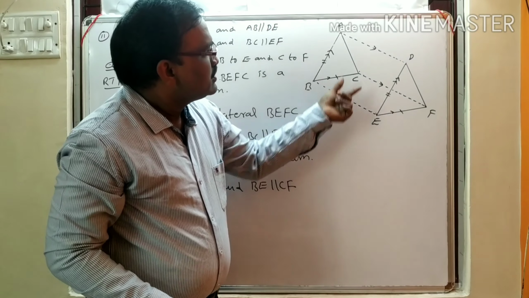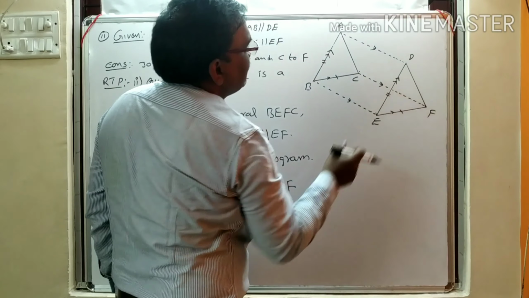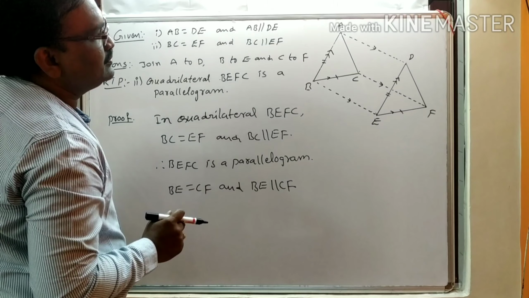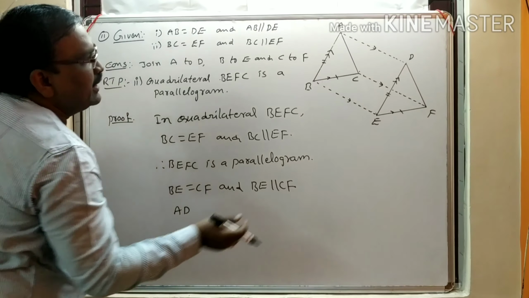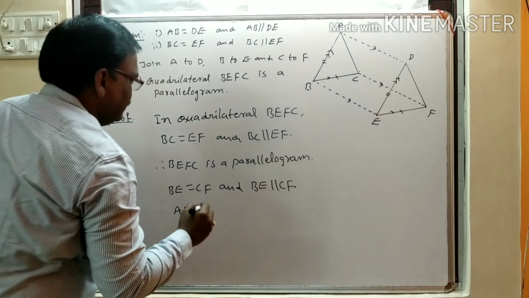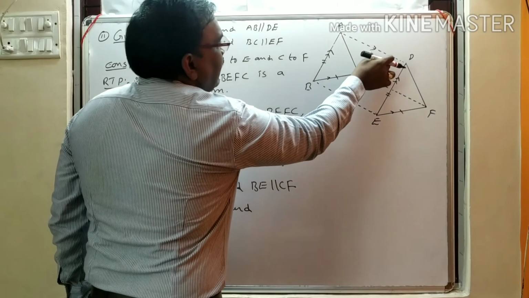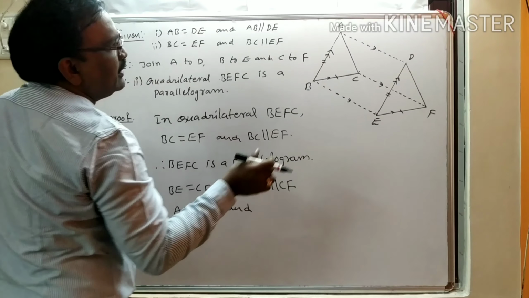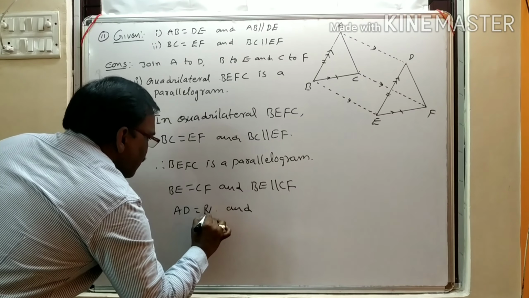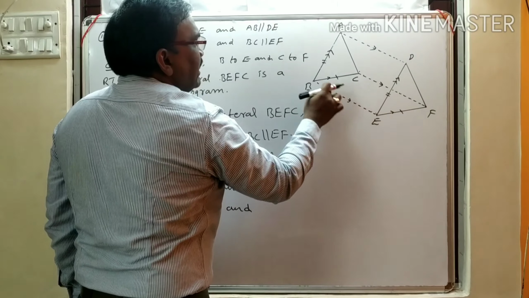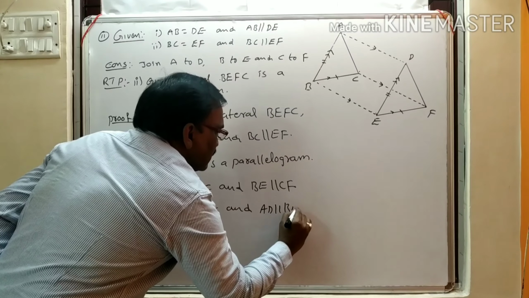So AD is equal to CF and AD is equal to BE, sorry, this is equal to this, and AD parallel to BE.